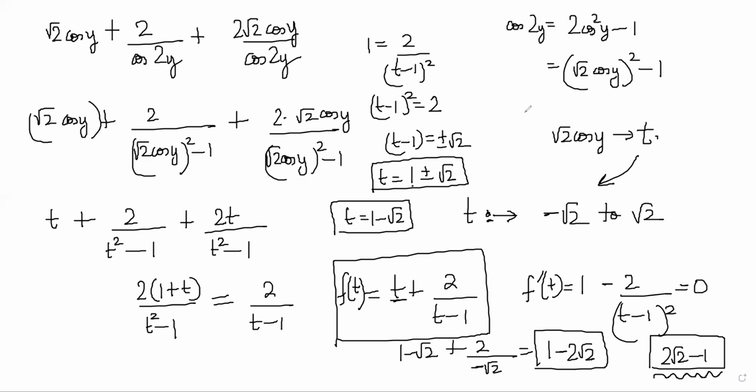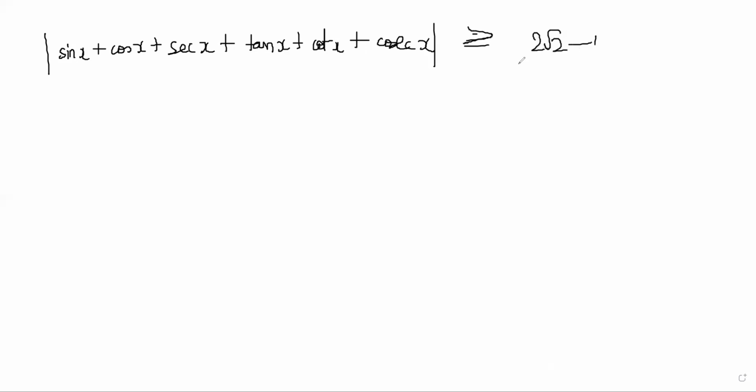So the minimum value of the absolute value of my function sin x plus cos x plus sec x plus tan x plus cot x plus cosec x is greater than or equal to 2 root 2 minus 1, which is basically approximately 1.828, right?